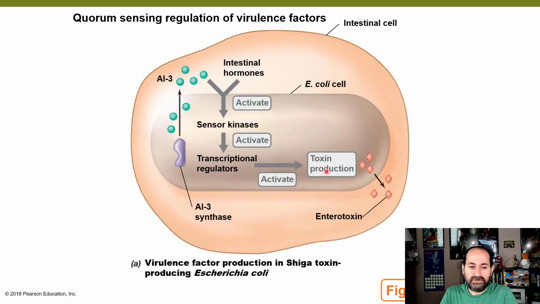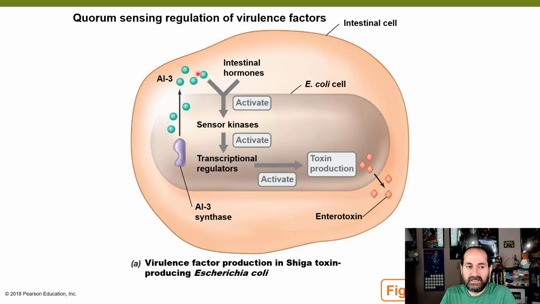This E. coli will produce toxin, but only if sufficient quantities of the autoinducer from other E. coli is present, and intestinal hormones are present as well. Remember, epinephrine and norepinephrine.